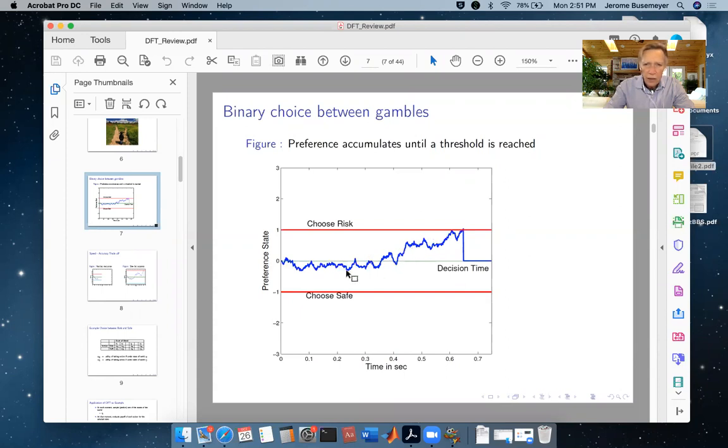So in this case, you're thinking about different states of the world, and you're accumulating evaluations of each option in each state of the world. And then here you're accumulating enough evaluations, thinking enough states of the world that favor the risk, and you choose the risk. So that was representing the binary choice with one single walk.